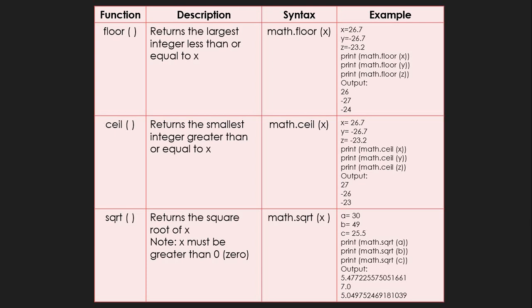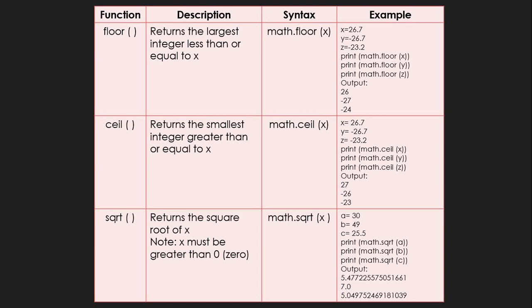Whenever you want to make use of this floor function, you must say math.floor with the parameter within brackets. x is 26.7, y is equal to minus 26.7, z is equal to minus 23.2. Now when you use math.floor of x, math.floor of y, math.floor of z, the output will be as follows.